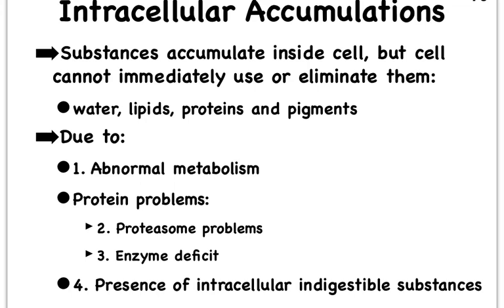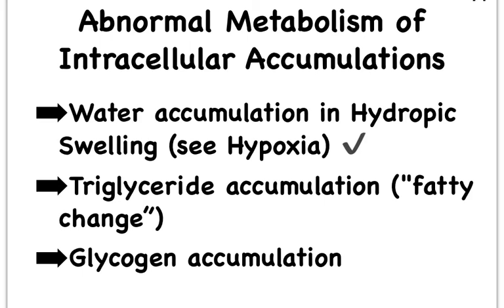Now, I purposely use numbers here, like this, because your course objectives will ask for these four, so that you can follow your course objectives better. So sometimes cells just cannot metabolize something properly to where it then accumulates.